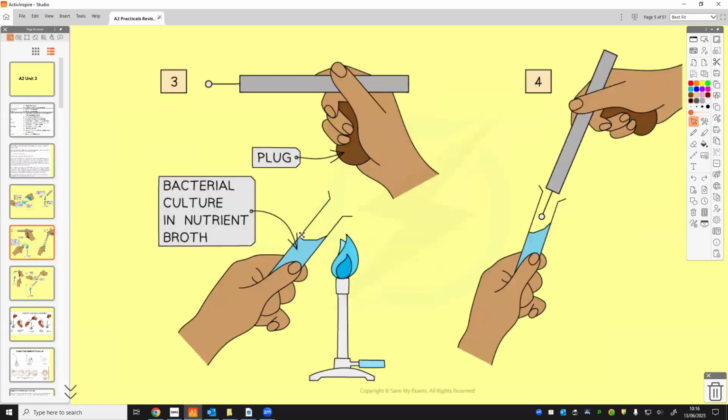Then you take your sample of bacteria, either in a conical flask or in a test tube like shown here. So we flame around the top of the test tube to make sure there's no bacteria around the top after you remove the lid. Then you take your sample with your inoculating loop. Okay, so just dip it in your bacteria.